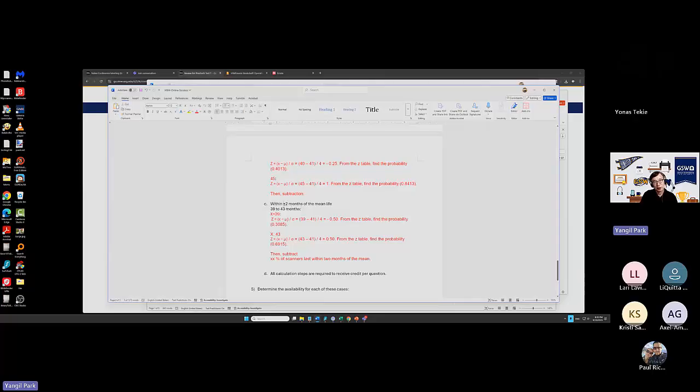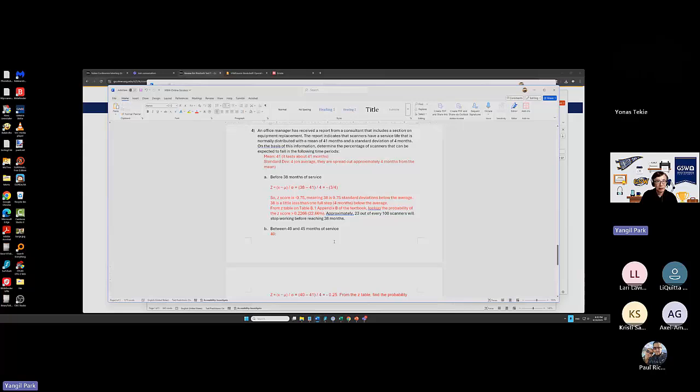Plus or minus 2 months of mean life. So there's a mean number. I think the mean is 41. Okay, the 41 is given. So basically what it's saying is the scanner lasts about 41 months.